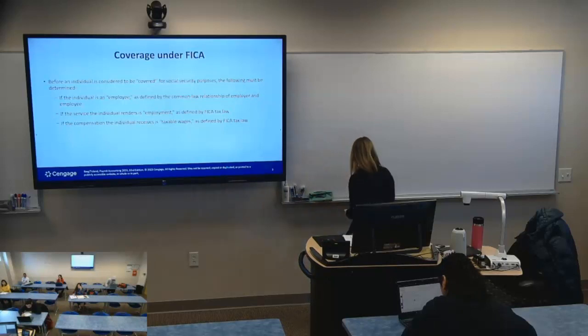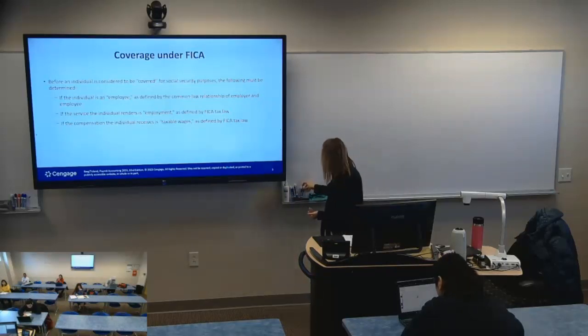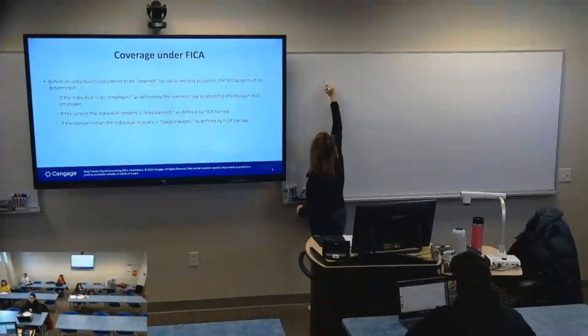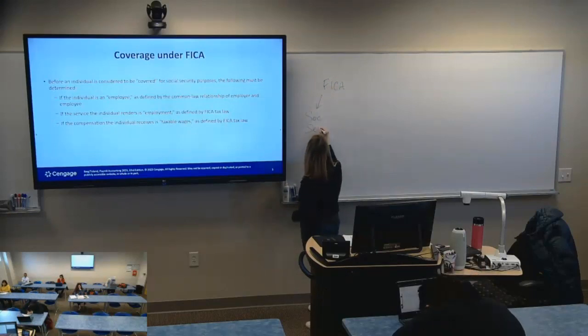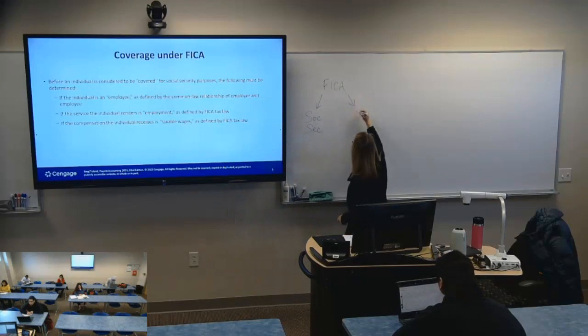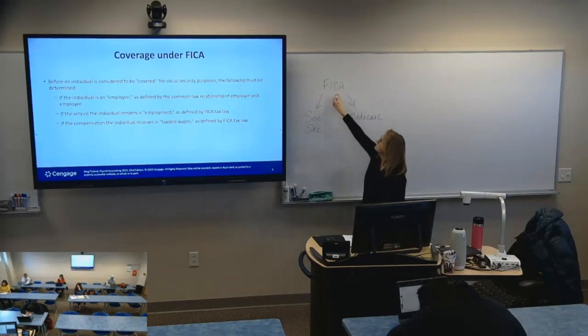Okay, so FICA. FICA is comprised of 2 different taxes. We've got Social Security, I'm going to abbreviate these, and we've got Medicare taxes. Both of those are FICA taxes.